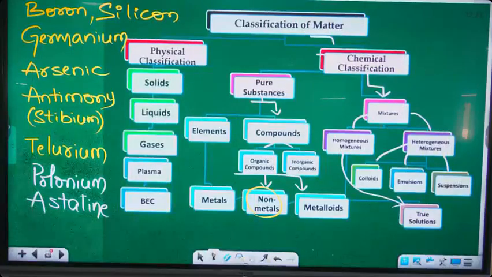Here I have changed the color. The reason is that in old books, the number of metalloids is only 6: boron, silicon, germanium, arsenic, antimony, and tellurium. In new books, polonium and astatine are also mentioned as metalloids.